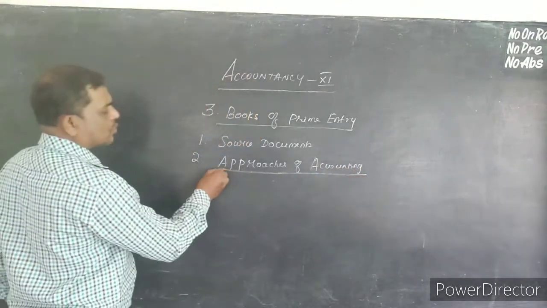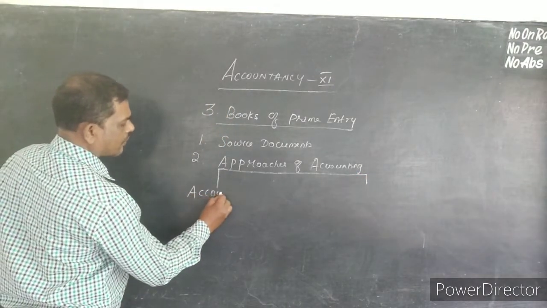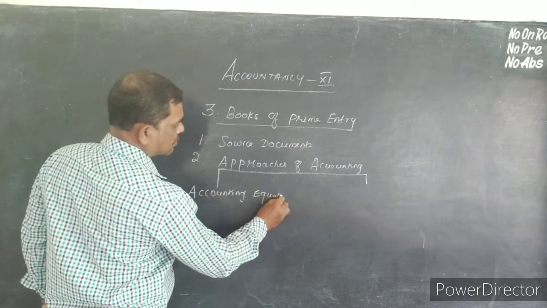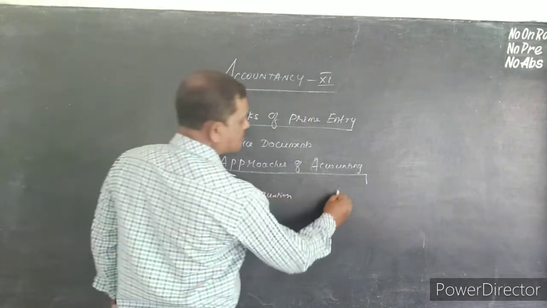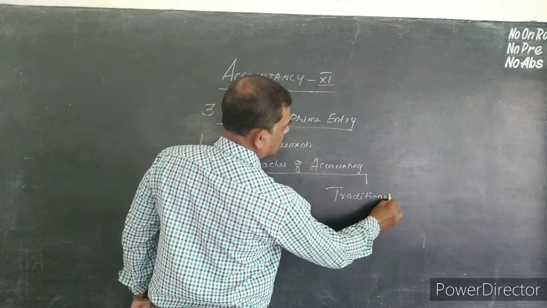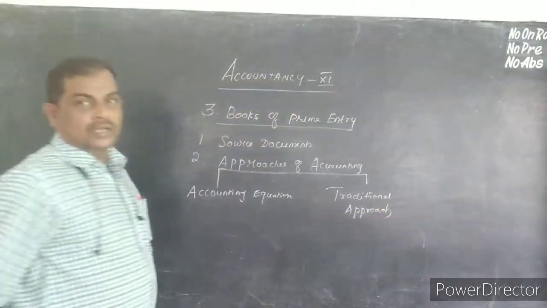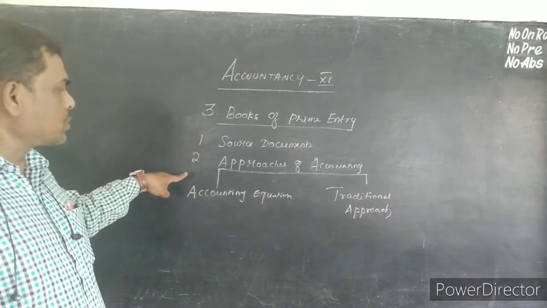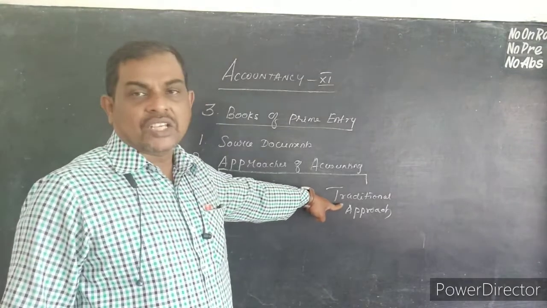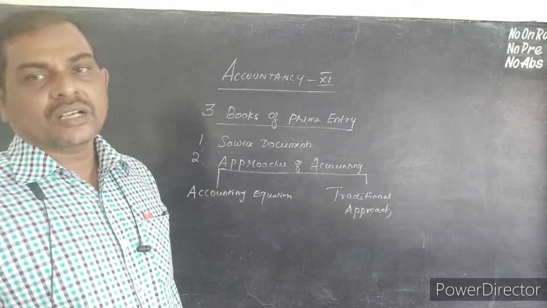One is the accounting equation approach and another one is the traditional approach. Listen, students, these are the two ways to record our business transactions.